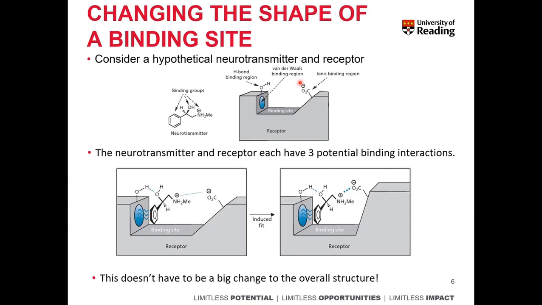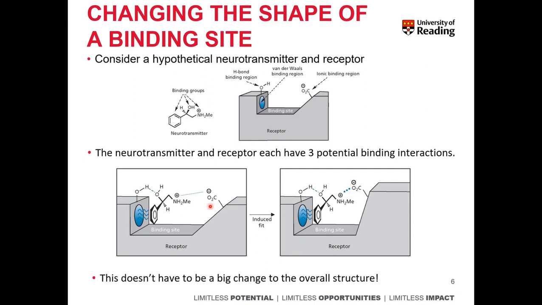And if we put the molecule into the binding site, we can see what happens. So within the binding site, the 6-membered ring has a van der Waals interaction with the van der Waals binding region on the receptor binding site. We also form a hydrogen bond between the receptor and the neurotransmitter. And we also have an electrostatic interaction between the neurotransmitter and a group within the receptor as well.